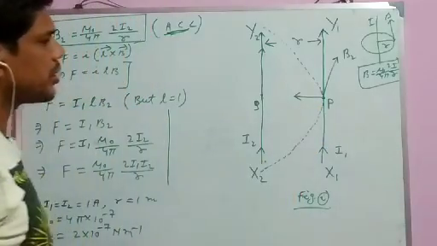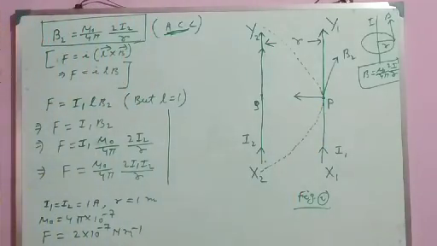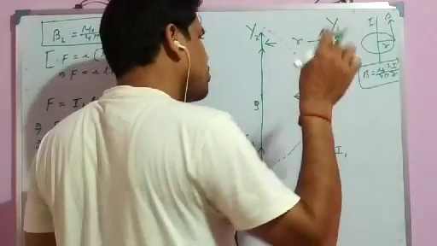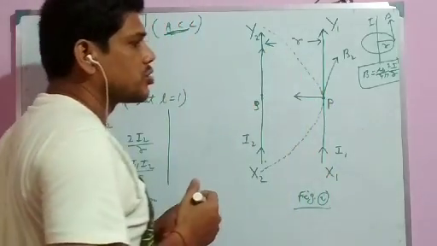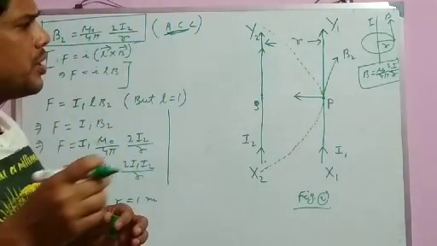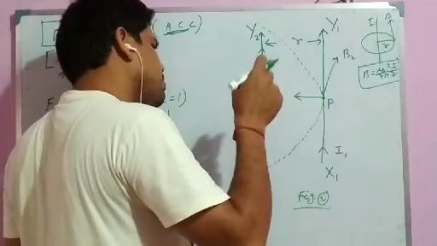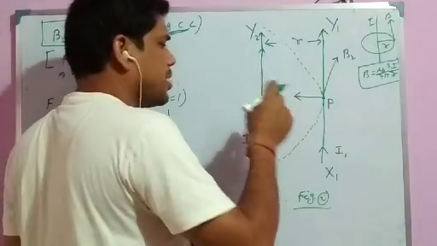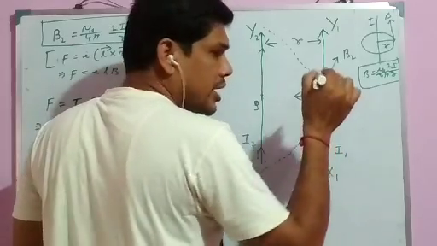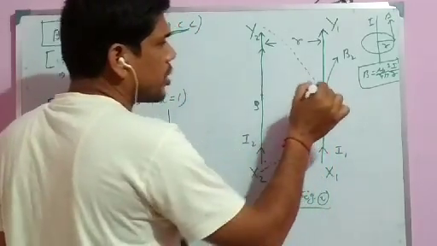So the direction of the magnetic field at P, denoted by B2 here, is into the plane of the board, but in case of your copy it is into the plane of your page. Okay, so here it is into the plane of this board along this direction.